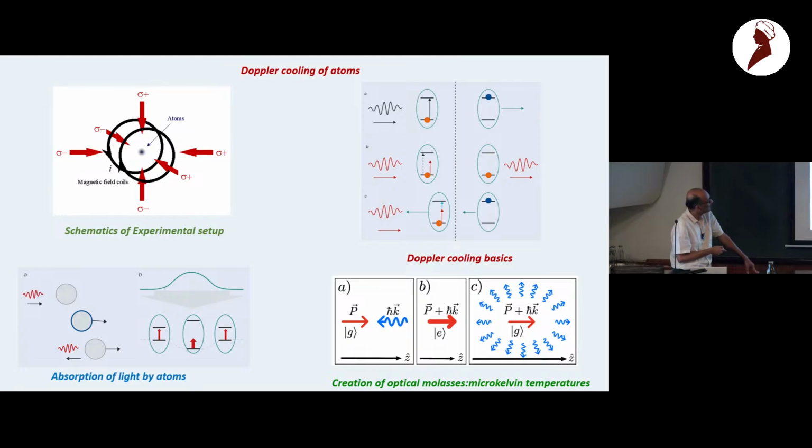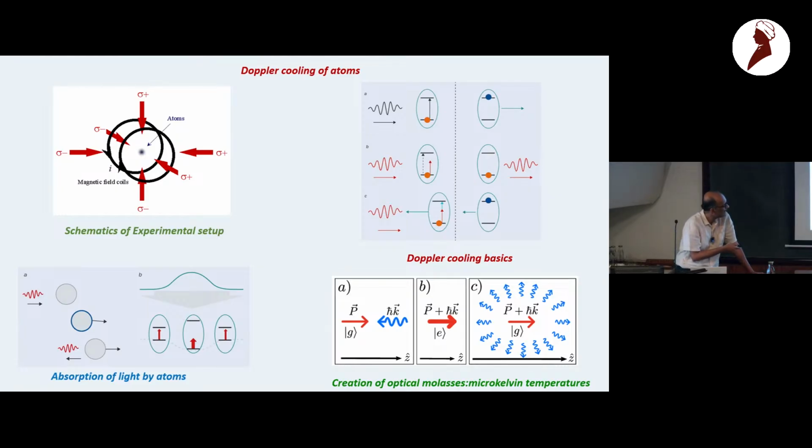So what happens is that when this atom and photon move towards each other, if you are sitting on the atom, you are going to see that the photon comes with a slightly enhanced frequency because of Doppler shift, and that makes it resonant. And so the atom preferentially absorbs photons which are moving towards it, and this reduces its momentum.